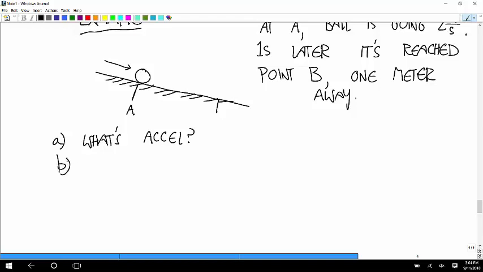I can't do it in my head. And then second, what's the velocity at this point v? Okay, so let's just go through all the steps.